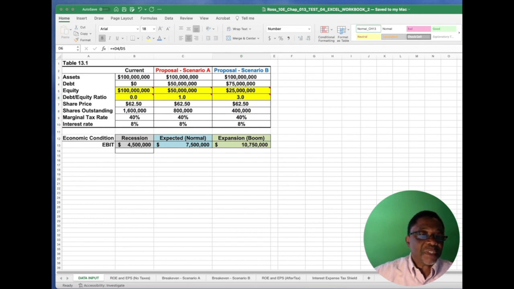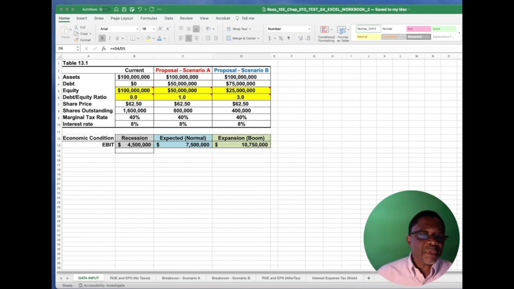This worksheet is going to help us understand the interplay between leverage in the capital structure, the earnings of the firm, in this case in particular EBIT, earnings before interest and taxes, and the value of the firm as measured by earnings per share or return on equity.